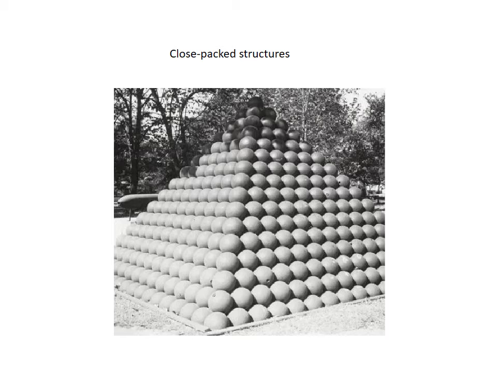This is particularly so when the bonding forces between the atoms are non-directional. That is the case for ionic bonding and metallic bonding, not so much for covalent bonding. For that reason we find the most exceptions from the principles of close packed structures for covalent bonding.